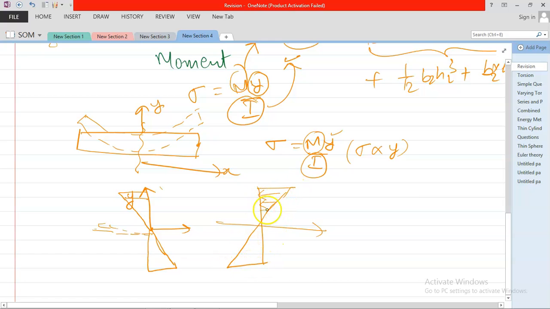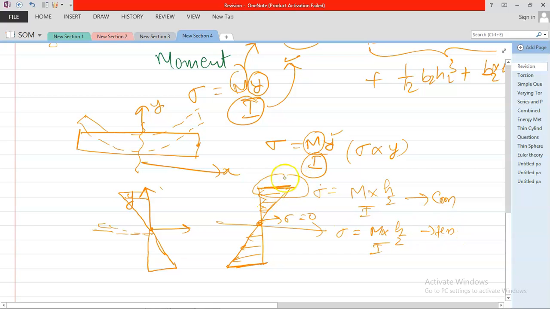Here this is the compressive zone, or the bottom portion is in tension, and it is directly proportional to y. That means at the center line your sigma is 0, but at the bottom fiber and the top fiber it is maximum, and this value is equal to M into h by 2 by I, and also M into h by 2 by I, only the sign differs, here it is compressive. Now this you learn, how the bending stress is changing.